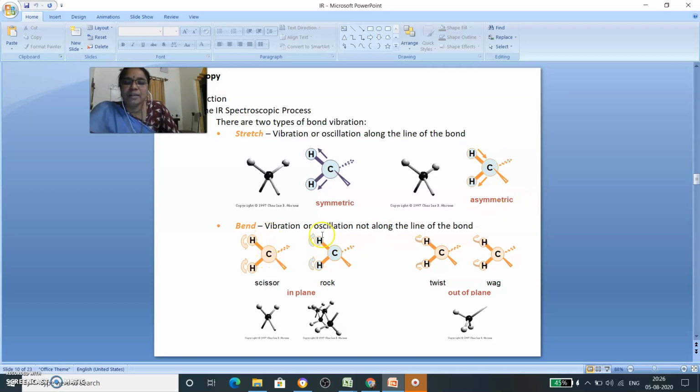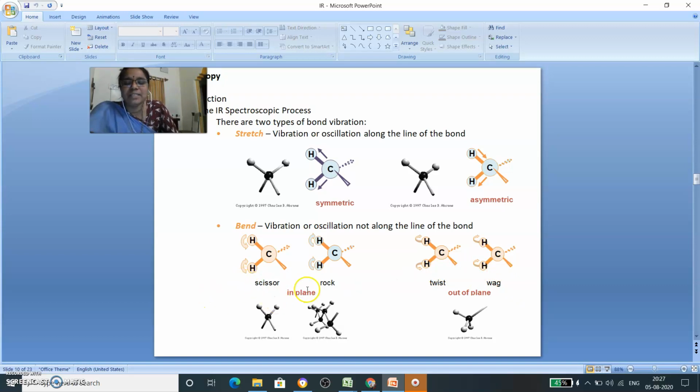In case of bending, vibration or oscillation is not along the line of the bond. Right? So in case of bending, in plane means within the plane itself: scissoring and rocking. In case of out of plane: twisting and wagging.